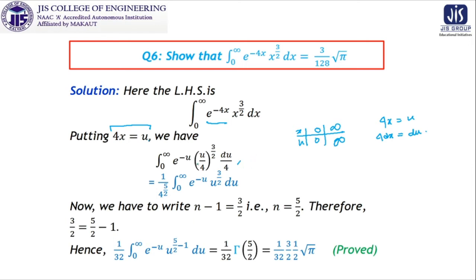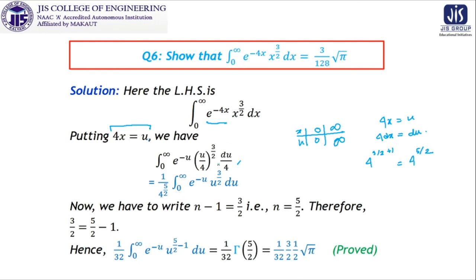Now our job is to compare this structure with the formula of gamma function. So what we do, here 4 to the power 3 by 2 and there is a 4, so 4 to the power 3 by 2 plus 1 is equal to 4 to the power 5 by 2, and it is in the denominator, so it is coming out as a constant 1 by 4 to the power 5 by 2.